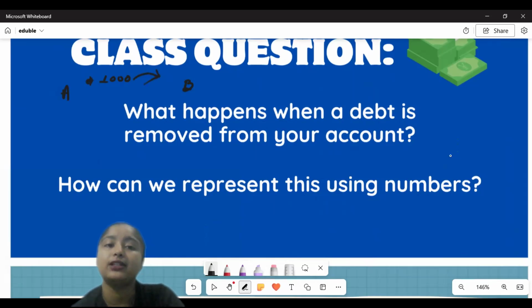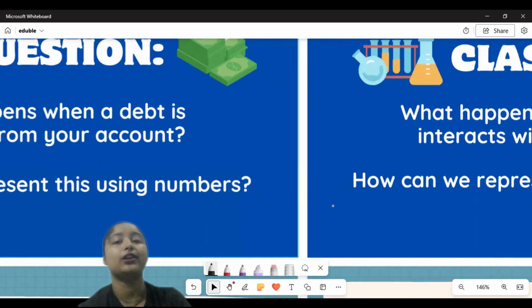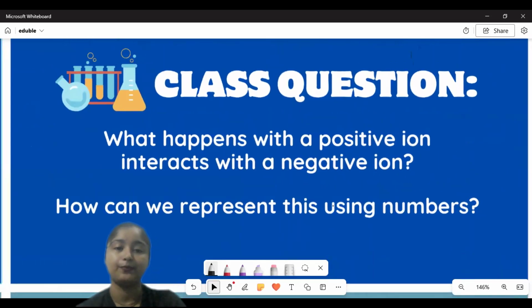So how will you represent it? Since this 1,000 has been debited from your account, that would be a minus, right? If, let's say, person B owes you money and he gave it back to you, then that means your account got added 1,000 balance, right? So that would be a positive number. You can represent that in a positive way.